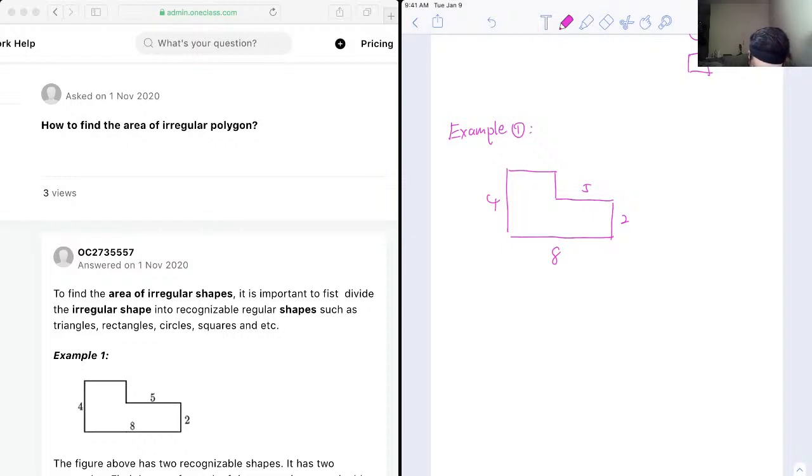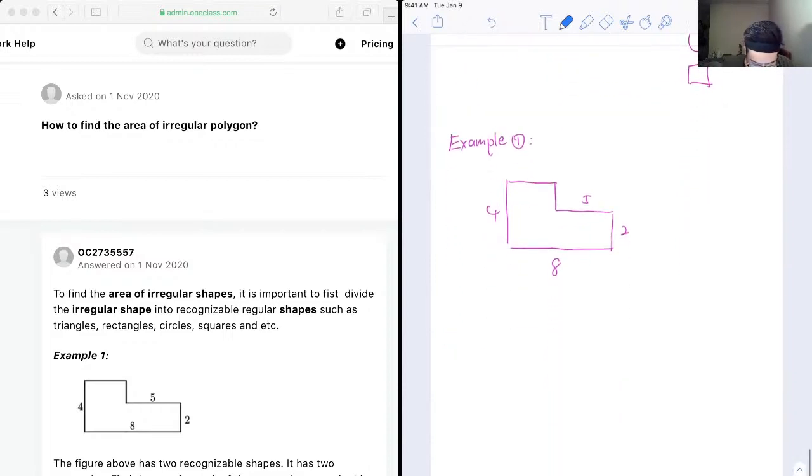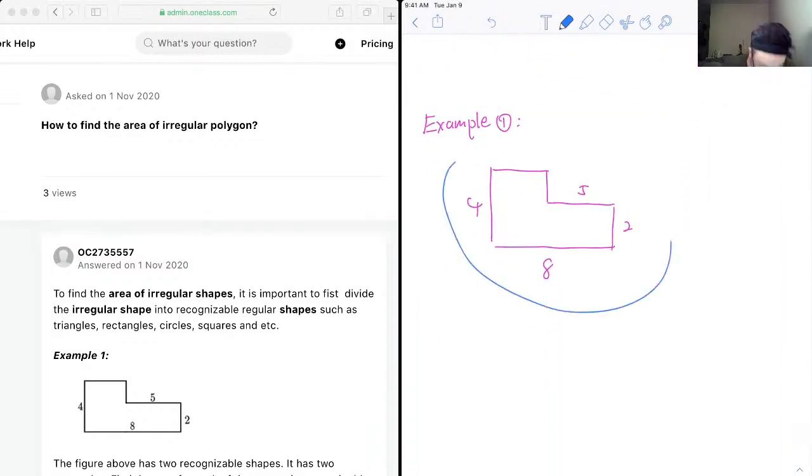So remember what we said earlier, we need to divide the irregular shape into regular shapes. In this particular shape, it contains 2 recognizable shapes, which are 2 rectangles, and we just need to find the area of each of those 2 shapes and add the results.